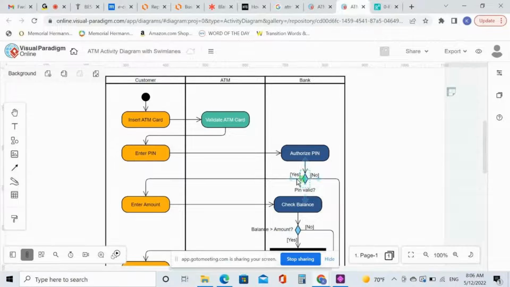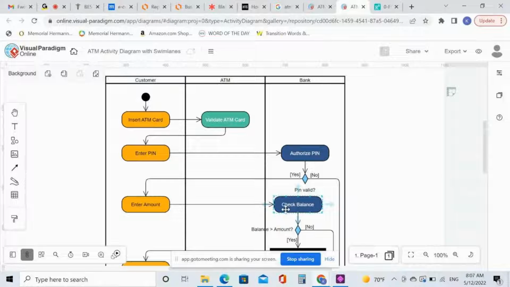So once the PIN is authorized, it is yes, then it asks you to enter the amount. Entering the amount is done by the customer, so that's why it went back to the customer, entering amount, right? Now once you enter, let's say you have 10,000 balance and you are entering 15,000, it will first check whether you have that much balance in your account or not.